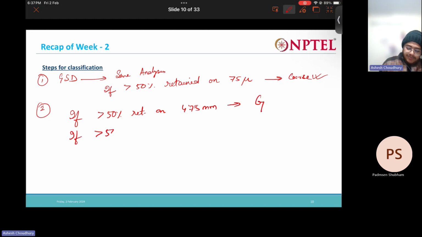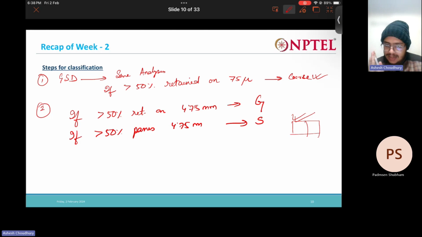And if more than 50% passes 4.75 mm, then it is sand. Okay, so understood, right? Now your prefix is finalized. First, you identified that it is coarse soil, then you identify whether it is going to be G or S. Now you have to identify the suffix, right?